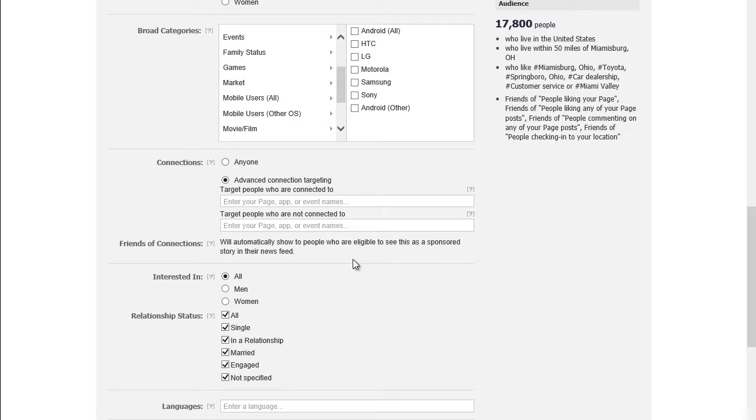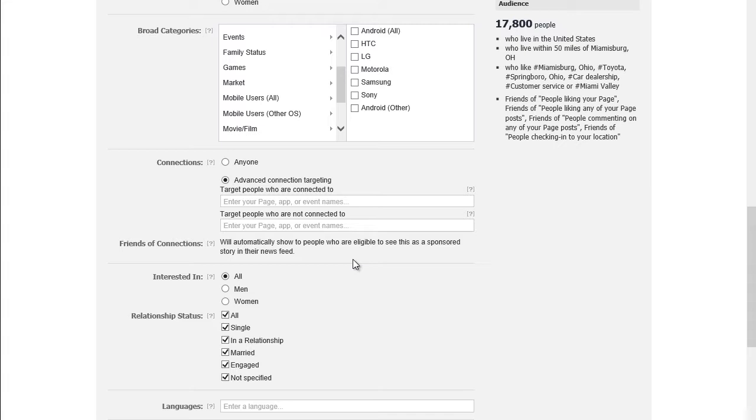So knowing and understanding your audience before you get started will help you to target your ad. And the more targeted your ad is to your landing page and to your ad, the lower your cost per click is going to be, and the higher your click-through rate's going to be.